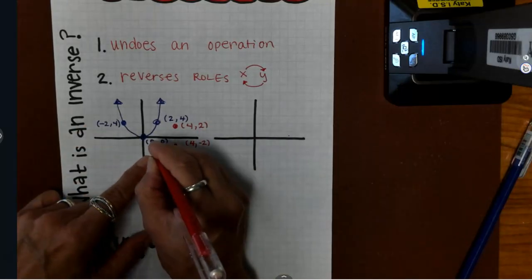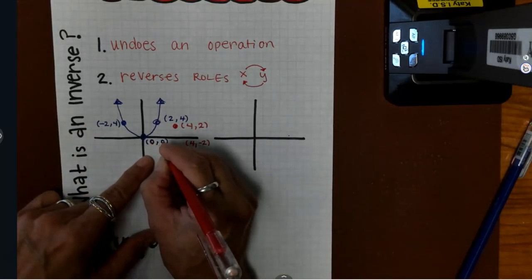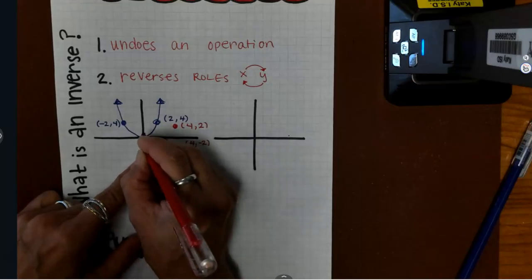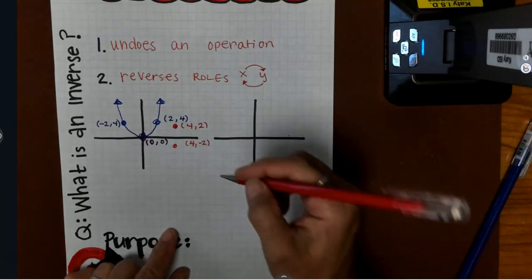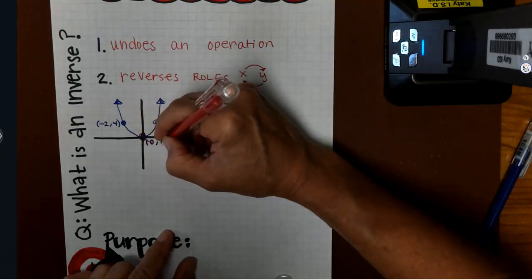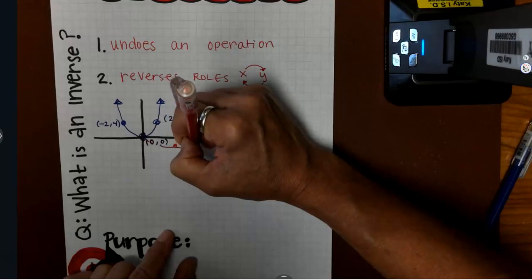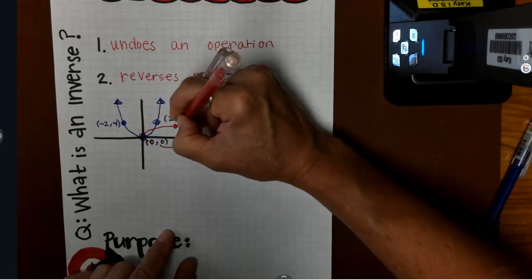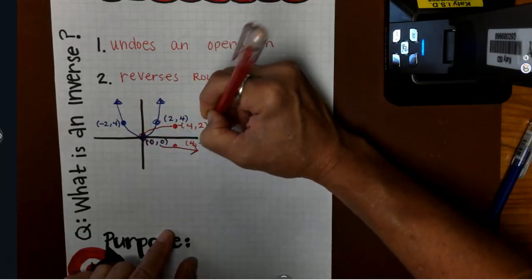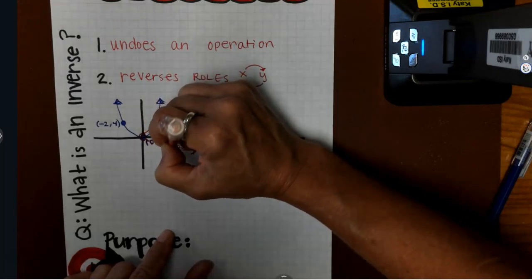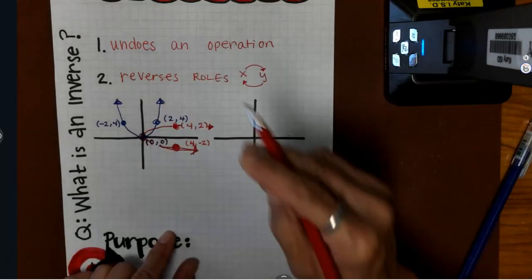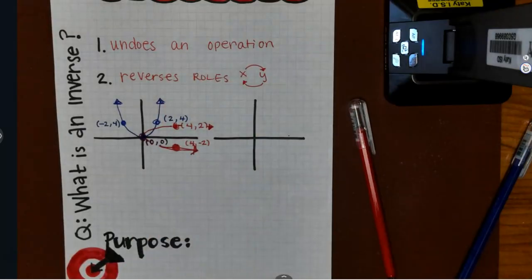And what about 0, 0? I mean, even if I try to switch that, it's still going to be the same dot. So here's the inverse. Right there. Now, is that a function? Would that pass the vertical line test?